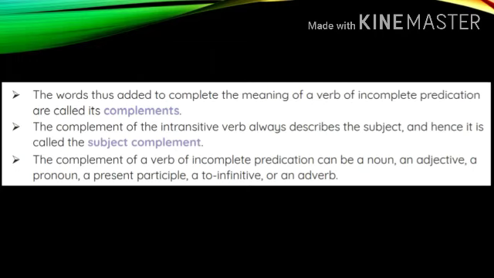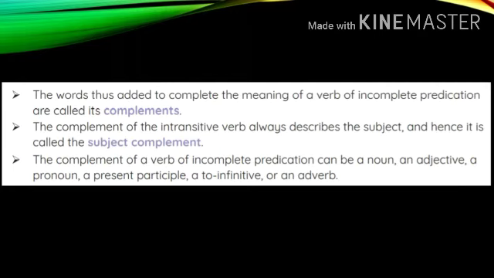The complement of the intransitive verb always describes a subject, and hence it is called the subject complement. First we learned about complement. What do you mean by complement? The words added to complete the meaning of a verb of incomplete predication are called complements.